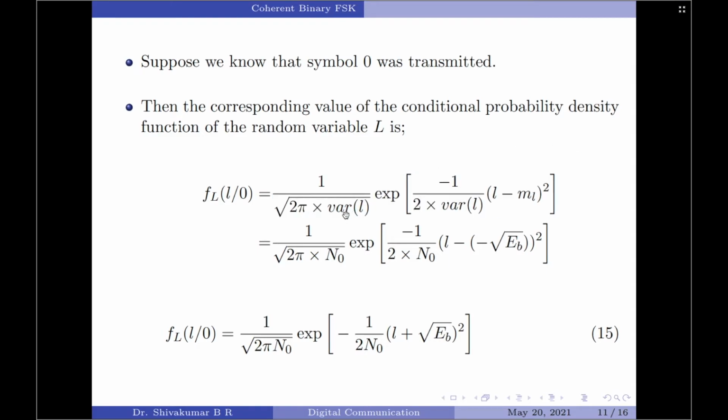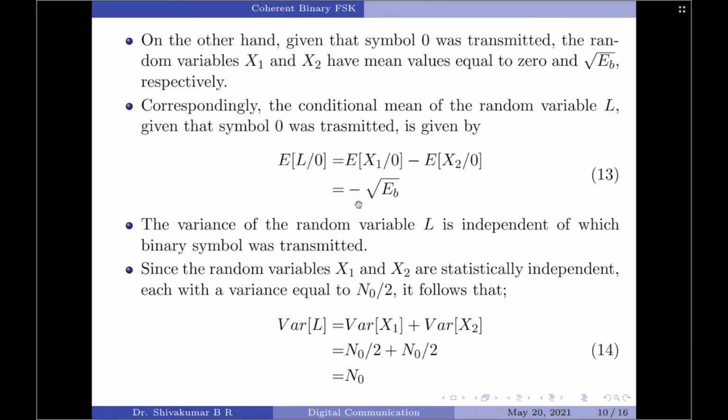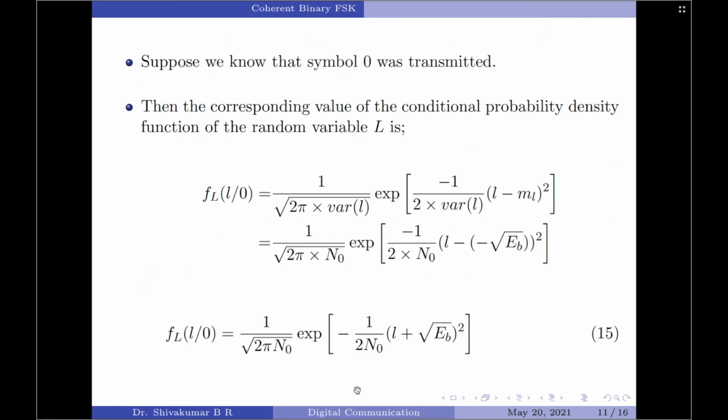Now, let us substitute for variance of L as well as mean value of L as per our previous discussion. Please remember, we have assumed symbol 0 is transmitted. So, when symbol 0 is transmitted, the mean value is minus root EB, whereas variance is N0. Let me now substitute these values into the equation. So, it is 1 by square root of 2 pi N0 into exponential of minus 1 by 2 N0 multiplied by l minus of minus root EB whole square.